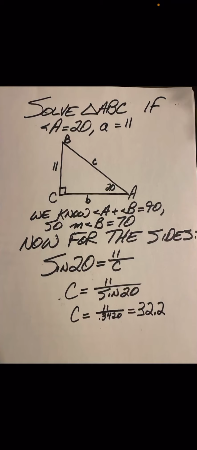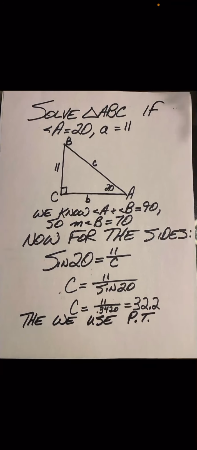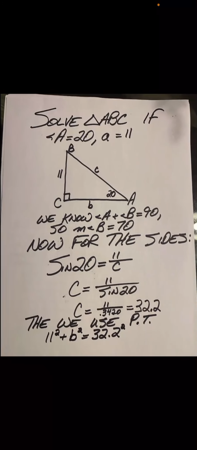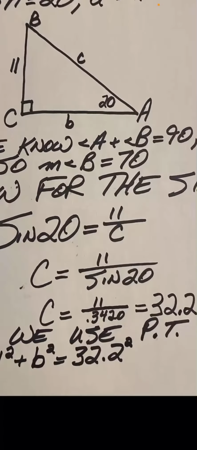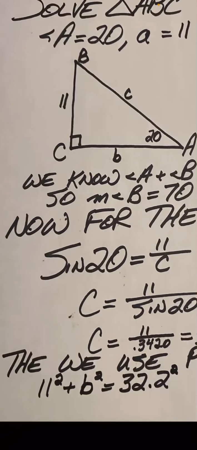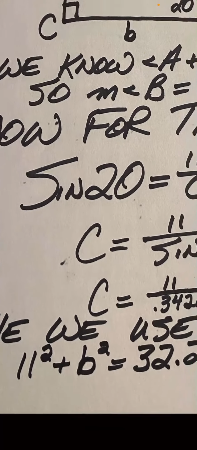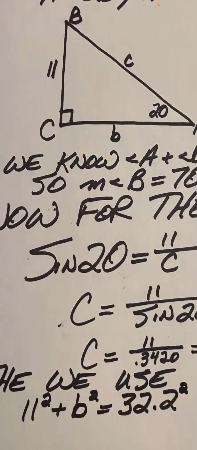Then you're thinking, oh, now what do I do? Now I can visit our friend Pythagoras. The Pythagorean theorem is going to give us the next equation that I'm going to write down. And of course that is 11 squared plus b squared equals 32.2 squared.